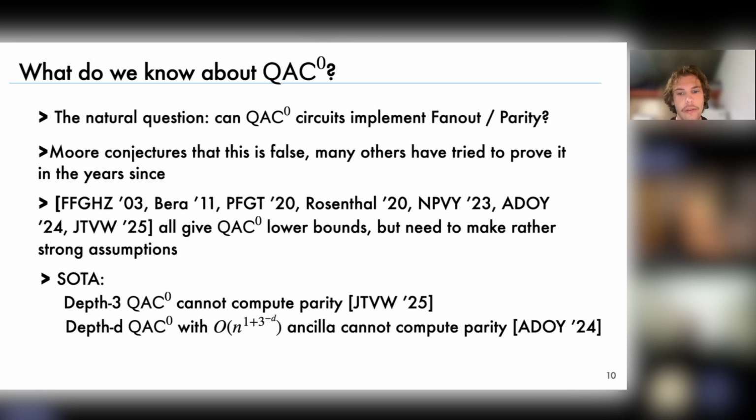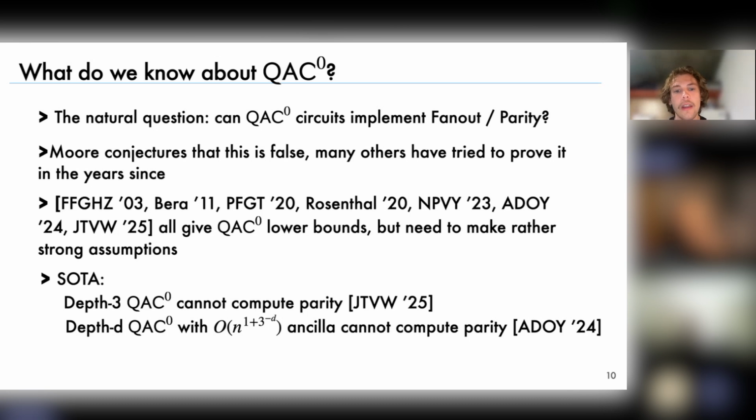So in particular, the state of the art is the lower bounds from last year by Joshi, Tal, Vasconcelos, and Wright, where they show that depth 3 QAC0 circuits can't compute parity. And this other result from the year before showing that circuits with about linearly many ancillas can't compute parity.